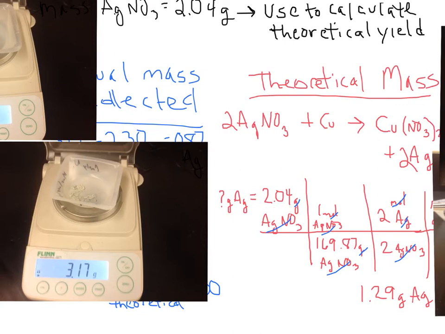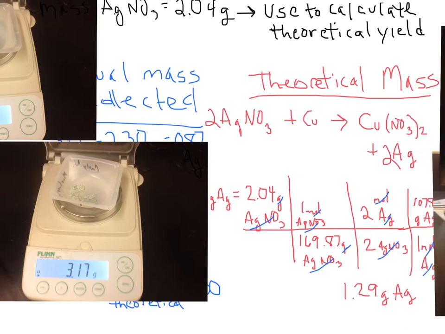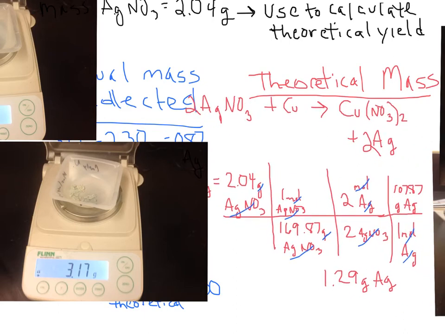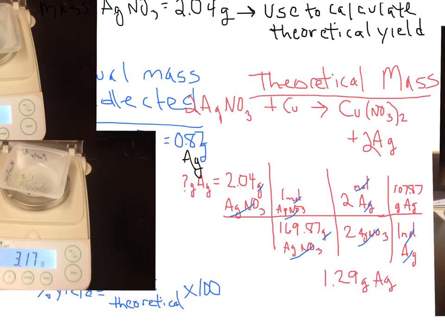Here's our limiting reactant, silver nitrate. There's the molar mass of silver nitrate, grams in a mole. It's a 2 to 2. And let me move this over. Okay, and then the molar mass of silver comes in at the end as 107.87.